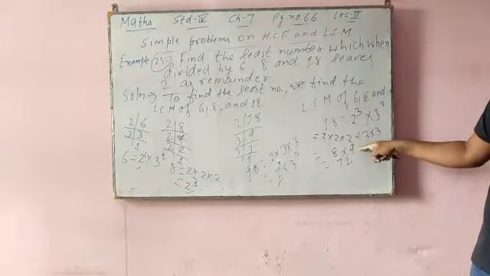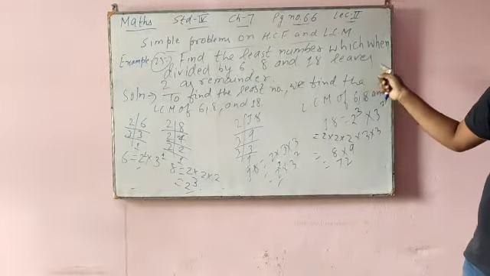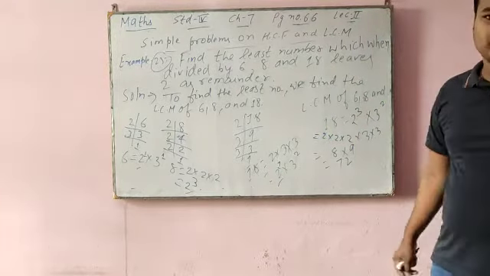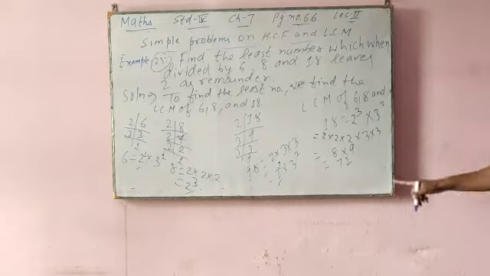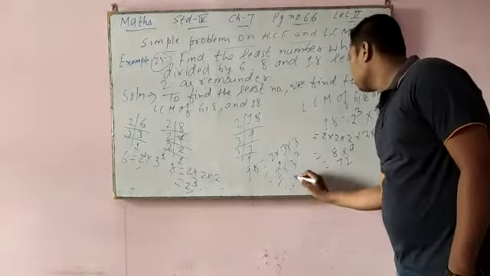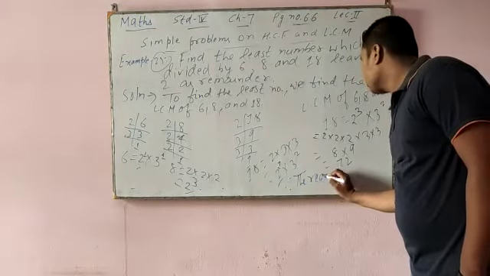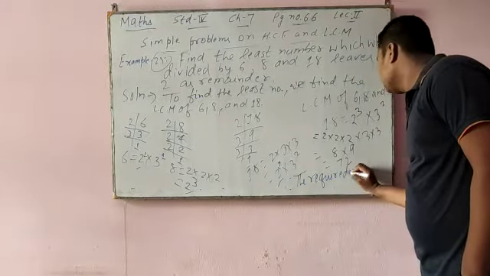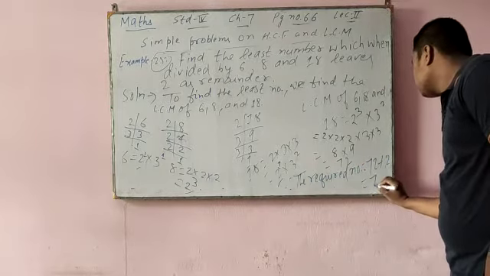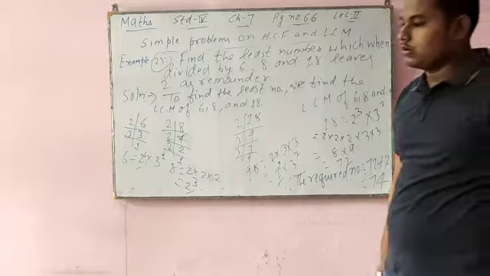So the least number we have found. Now we have to find the required number. When divided by 6, 8 and 18, it leaves 2 as remainder. So in the starting I told you, after finding the LCM, we will add 2 to it. So therefore the required number will be 72 plus 2, that is 74. So this will be your answer.